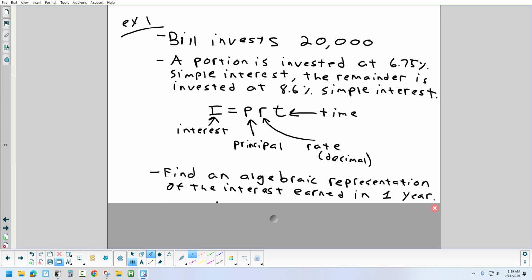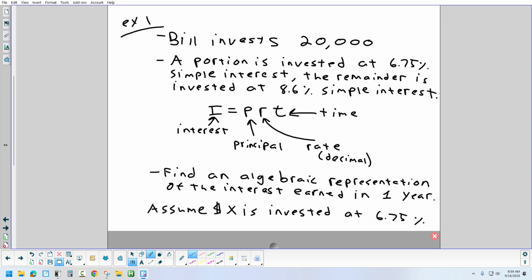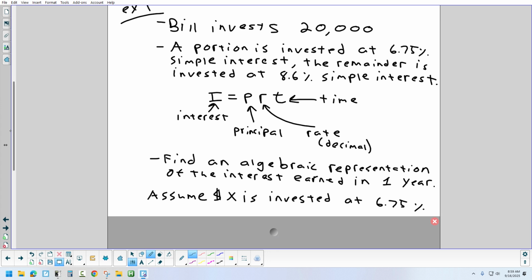Because if we know how much money he puts in one investment, we know the total amount of money he has, then you should be able to figure out what's left for the other investment. So in our case, let X be the amount of money that Bill invests at the 6.75% investment. Again, you do not want to pick a different variable for the other investment. The other investment's going to be in terms of X.